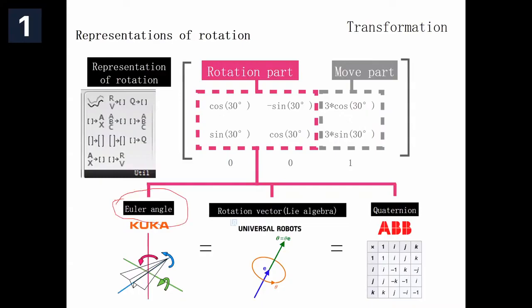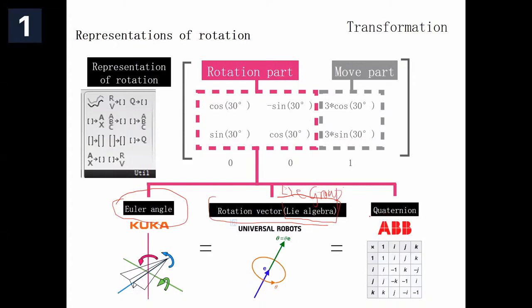Euler angle is the easiest to feel, and Universal Robots uses rotation vector. It can also be called Lie algebra, which is related to Lie group.